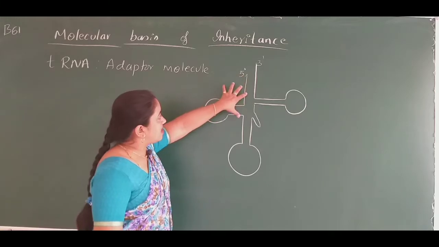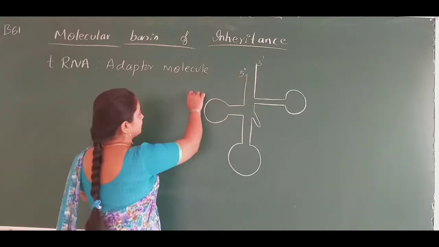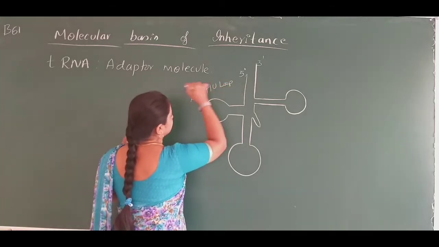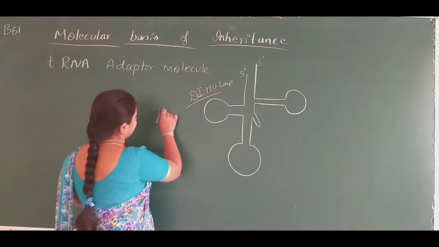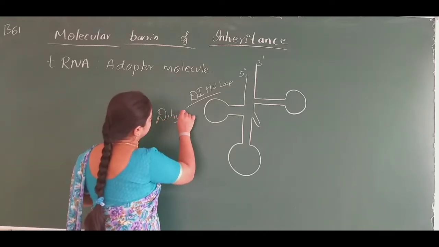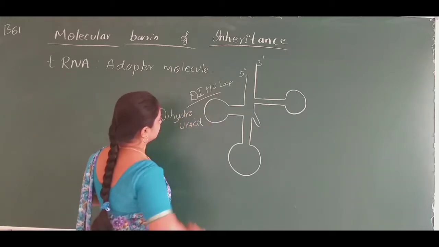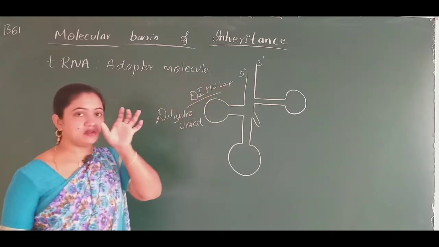The arm nearer to the 5 prime is known as the DHU loop, where DHU stands for dihydrouracil, so the dihydrouracil loop.